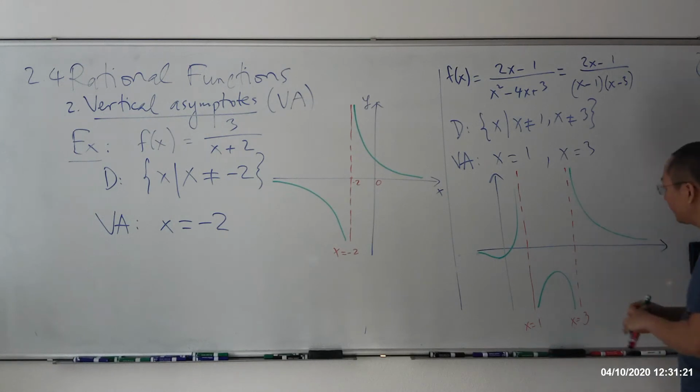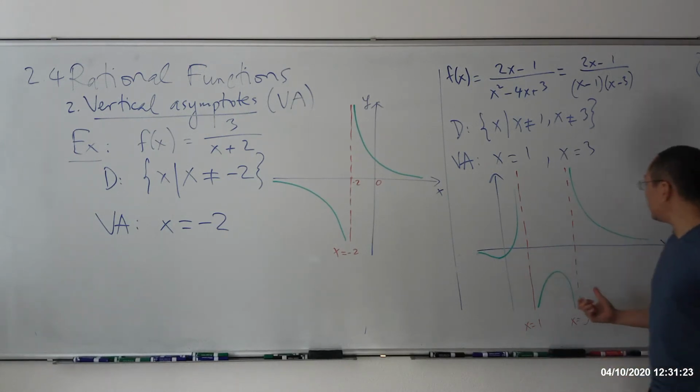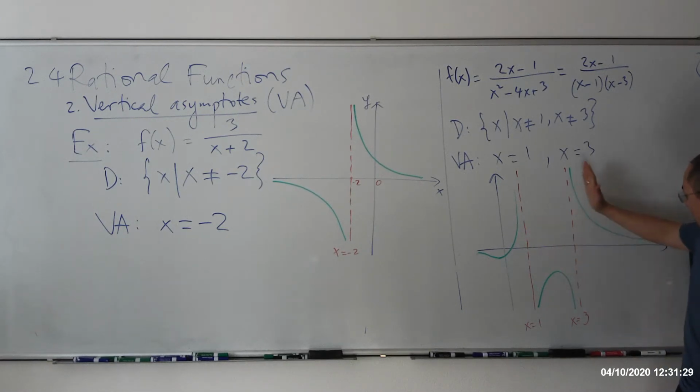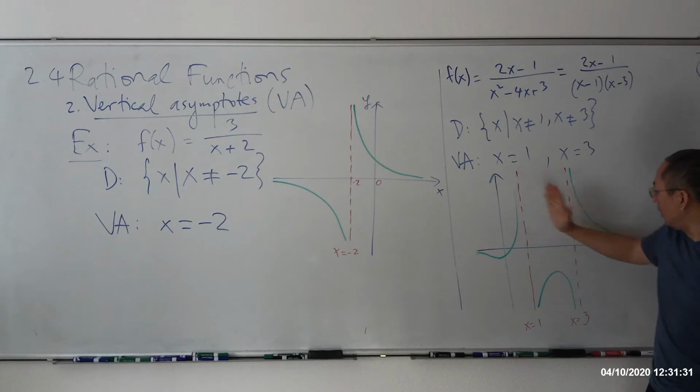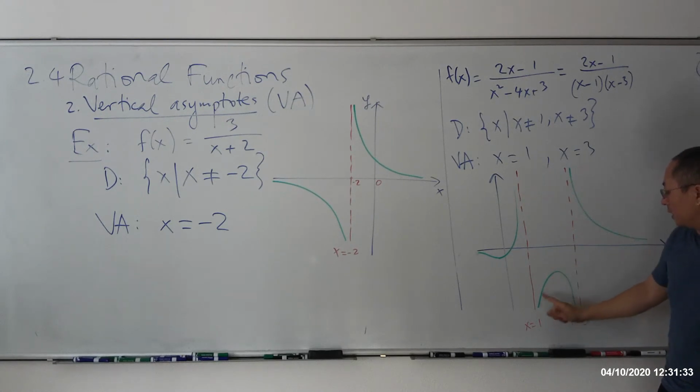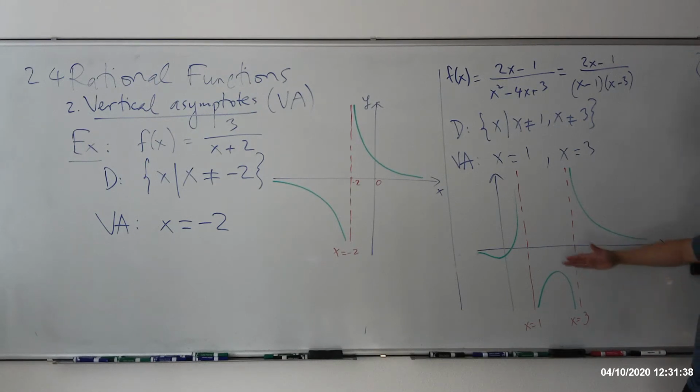And you see the three pieces of the graph are approaching the vertical lines x equal to 1 and x equal to 3. One from the left, one to the right, and the middle piece approaches both vertical asymptotes from both sides. And of course, in this graph you can clearly see that we have another asymptote, the horizontal one right here.